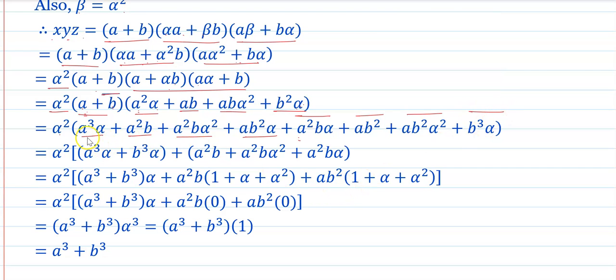Now collect the terms. a cube alpha is the first one, and next is b cube alpha. a cube alpha plus b cube alpha, take alpha as common, then a cube plus b cube. Okay.